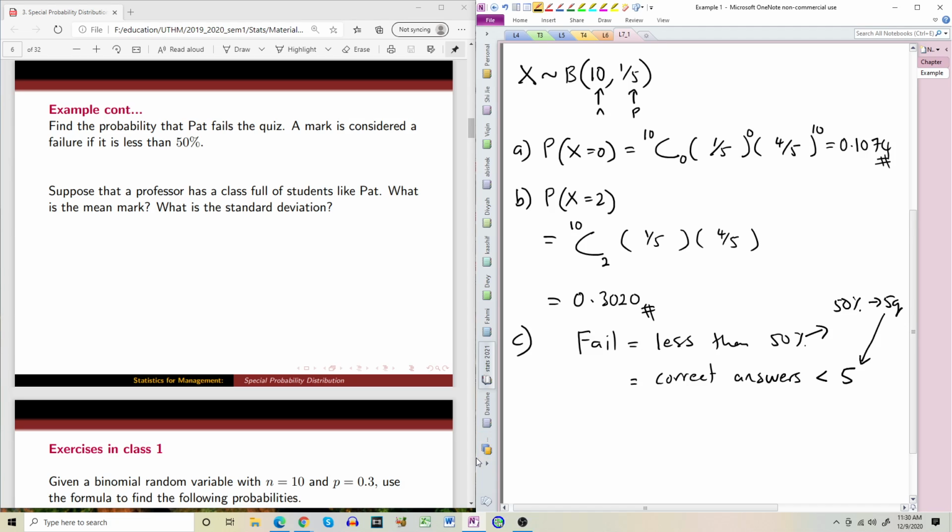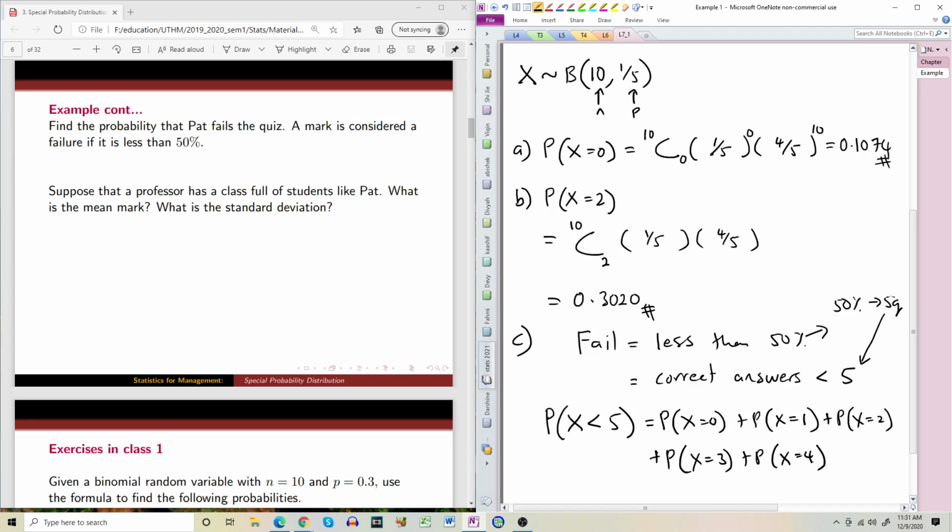So to find the probability of failing, the number of correct answers must be less than 5, then you have failed. You start with x equal to 0, x equal to 1, x equal to 2, x equal to 3, x equal to 4. You cannot go to x equal to 5 because there is no equal there.